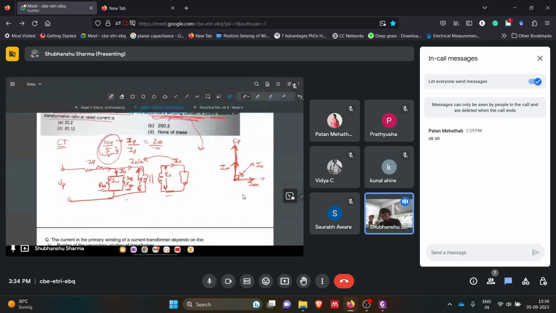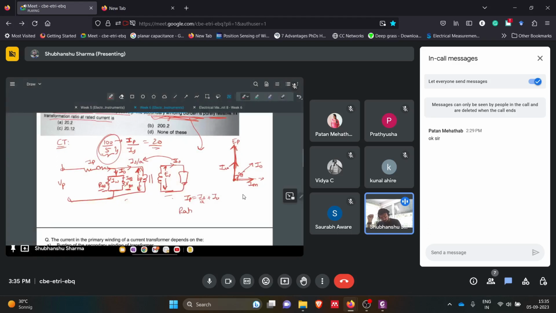So now how will the transformation ratio error occur? IP will be IS by A plus I naught, that you already read in these week's lectures. Now what will the ratio be?